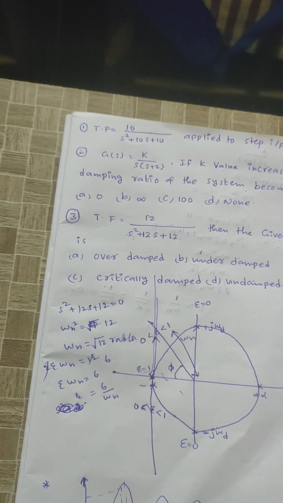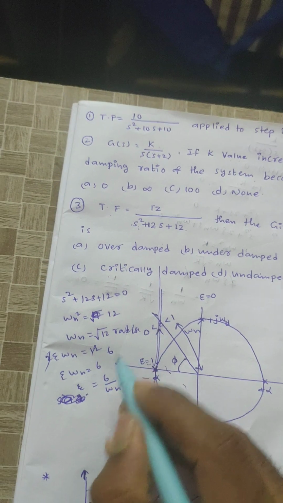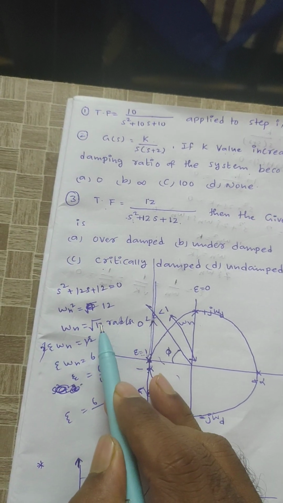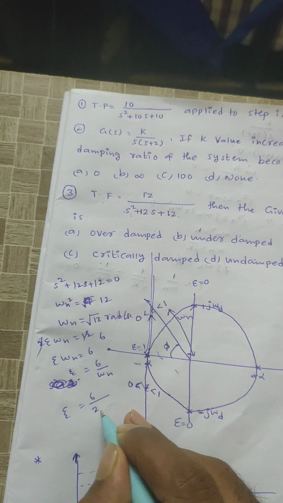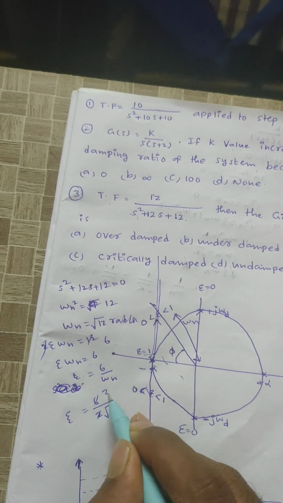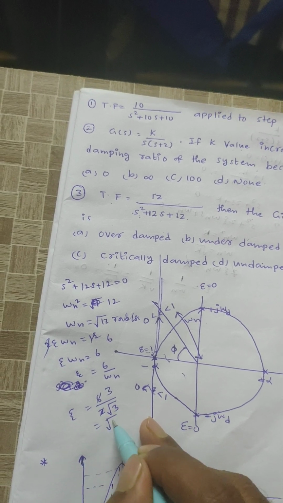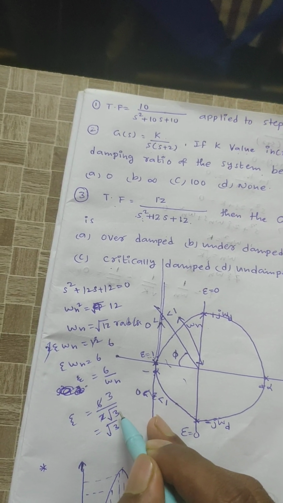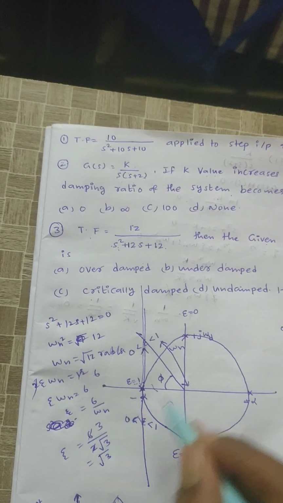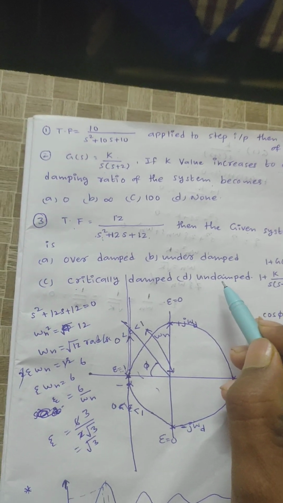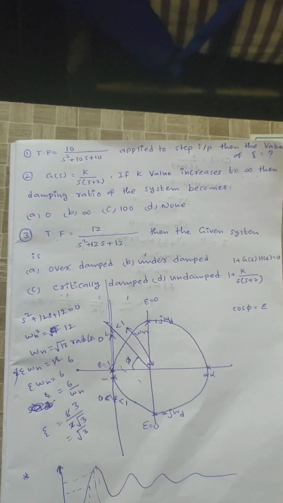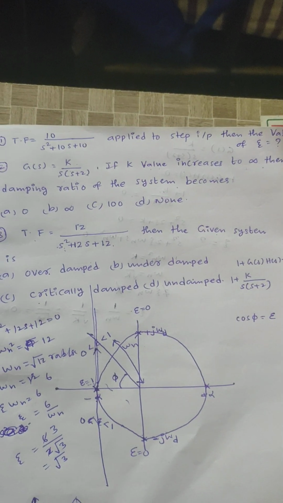Root 12 can be written as root of 4 times 3. That means zeta is equal to 6 by (2 root 3), which is 3 by root 3, which is nothing but root 3. That means 1.732, right? That is an overdamped system. In this way we can solve the problems. Okay, thank you all.